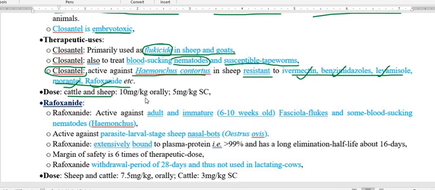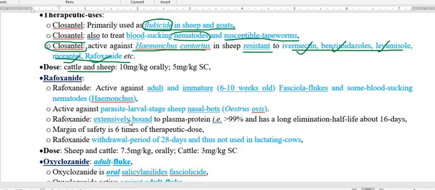Now we have to discuss another drug of the same group, the salicylanilides, which is rafoxanide. Regarding its activity, we already discussed initially. This is also acting against the nematode Haemonchus, a blood-sucking nematode. Also active against the parasitic larval stage of the sheep nasal bot, Oestrus ovis.